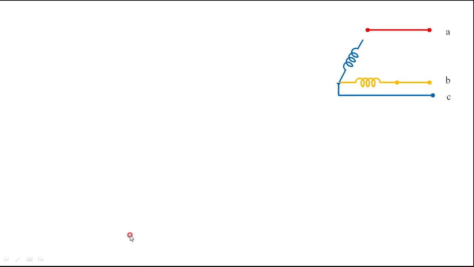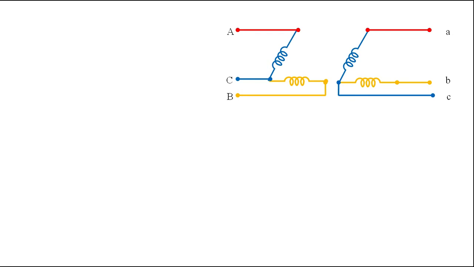Then we have to look into the voltage relation in the open delta. That is, the primary and the secondary of the open delta. The voltages across AB, that is VAB, VBC and VCA, are the line voltages.